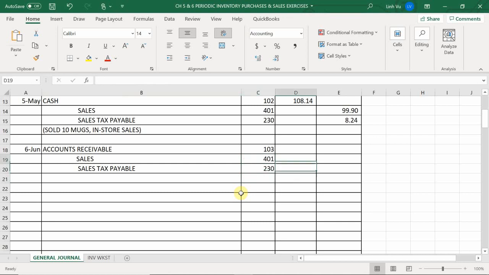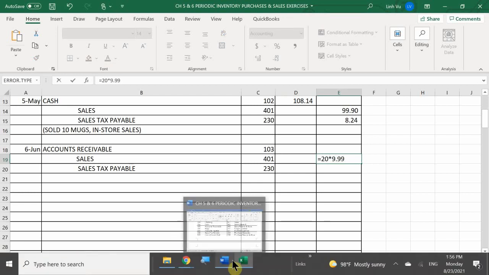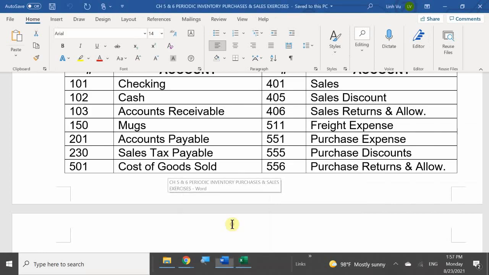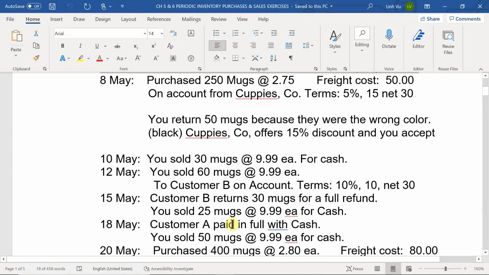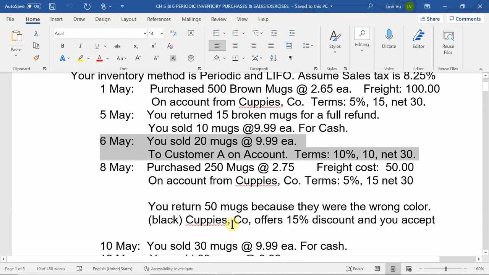So in this case, I sold 20 mugs at $9.99 each. On May 6th, we sold 20 mugs at $9.99 each on an account to customer A. And we gave them terms of 10/10, net 30.